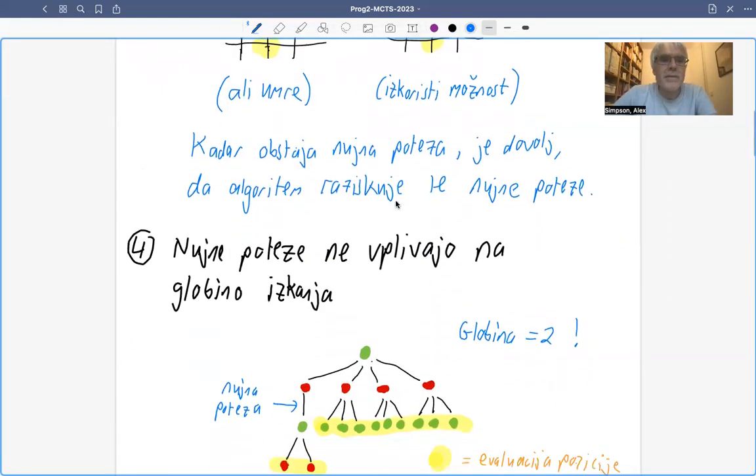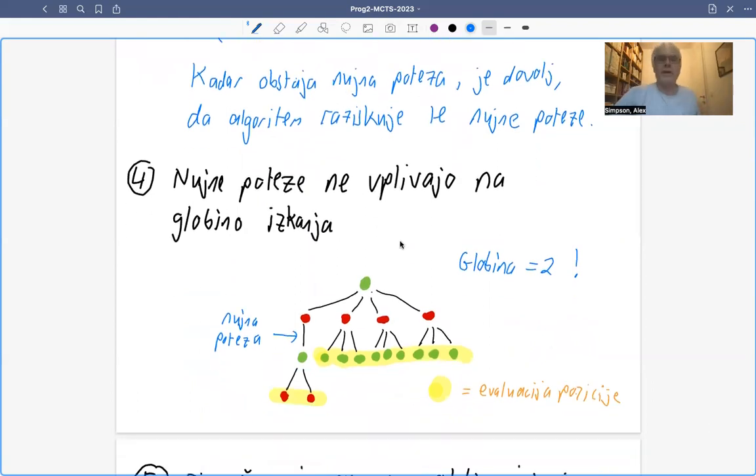Anyway, once we've got a list of forced moves, forced moves shouldn't really have any effect on the depth of the search. So I've drawn a little illustrative example in order to show what I mean by this. Suppose we're doing a minimax or alpha beta search to depth 2.